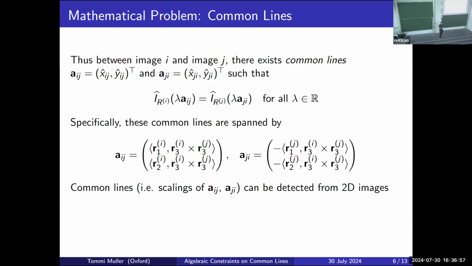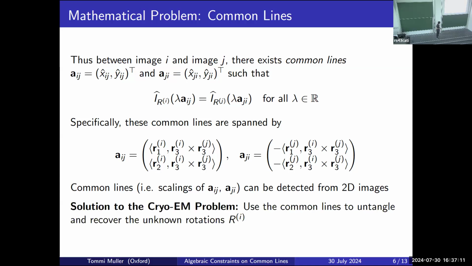So you know Aij and Aji up to separate scales, lambda ij and lambda ji. That's what can be detected from Cryo-EM images. And so the strategy to solve this Cryo-EM problem is to use the fact that these Aij's have this specific structure to try and untangle and recover these rotations.